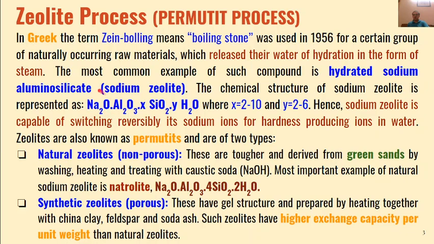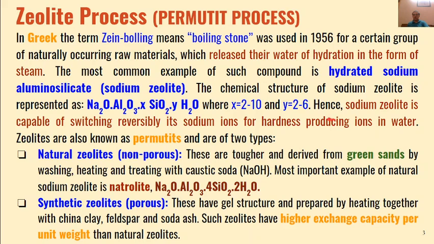The sodium goes to the hard water, and the calcium and magnesium ions get attached at this place, so the sodium zeolite is converted to either calcium zeolite or magnesium zeolite, whereas calcium bicarbonate or magnesium bicarbonate is converted into sodium bicarbonate. This is how sodium ions are reversibly switched for the hardness producing ions in water.